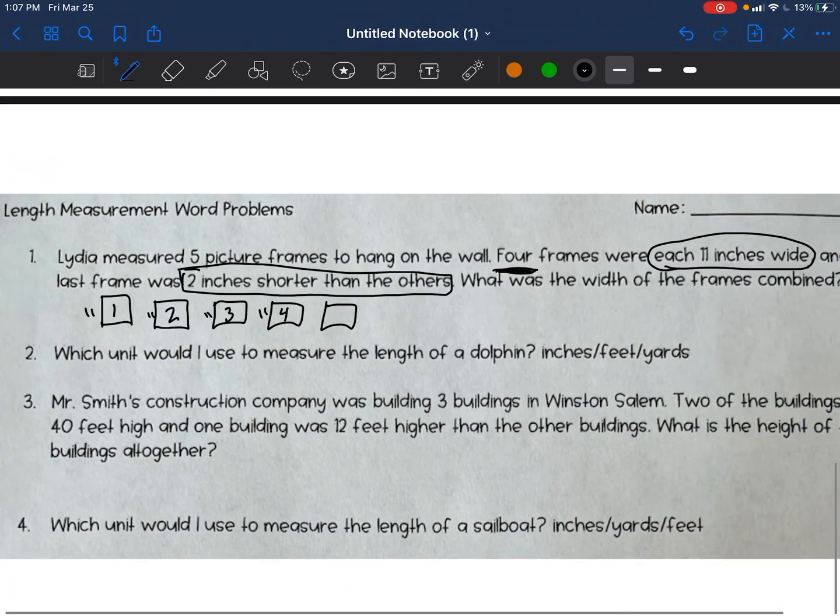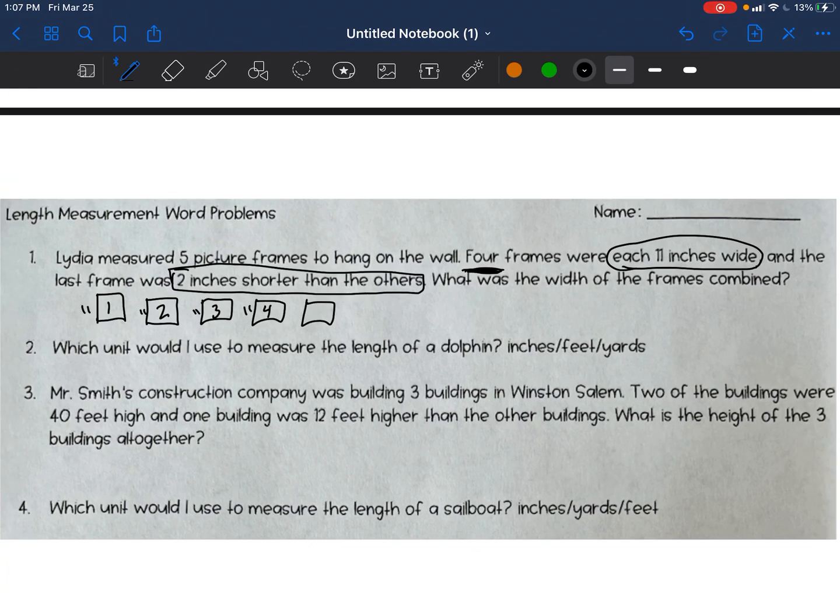The last frame, what's going on with that one? Well, the last frame was 2 inches shorter than the others. So the last frame's width was 2 inches shorter than the others. So 2 inches shorter. What were the others? The others were 11. So 2 inches shorter, is that going to be addition or subtraction?